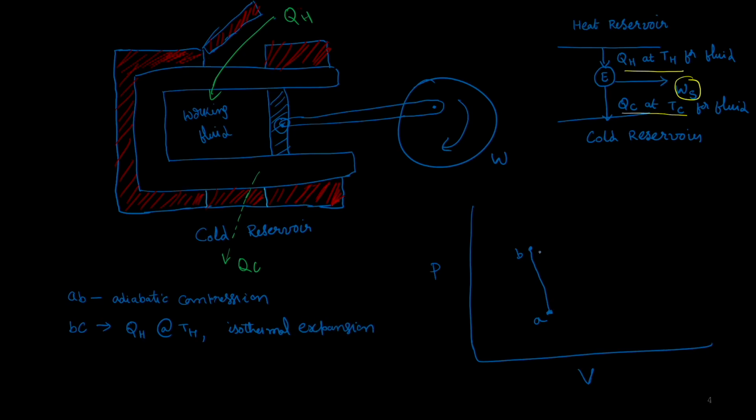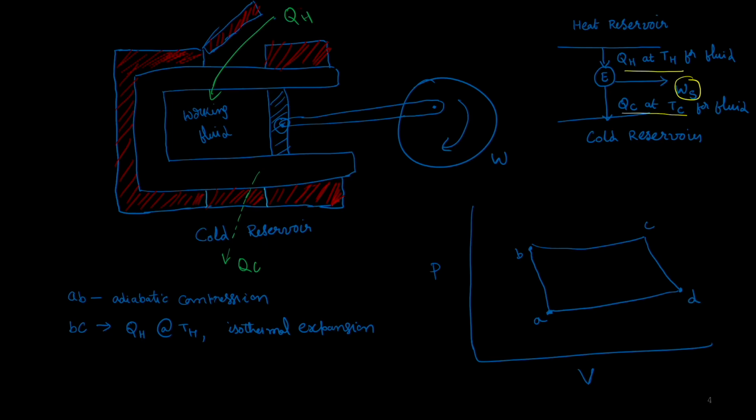Because it expands, the volume is going to increase, and we have something like that. This is B to C, right? This happens isothermally, so the pressure is going to change slightly, and the volume is going to increase manifold. And then we have C to D, an adiabatic expansion again to a temperature of Tc. And then D to A is isothermal compression back to its original state.